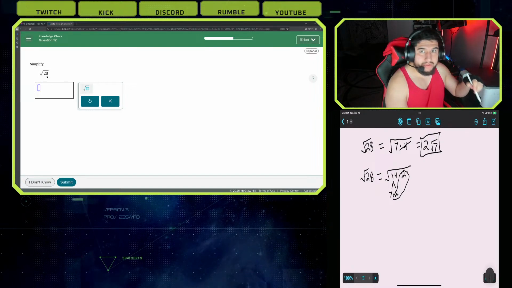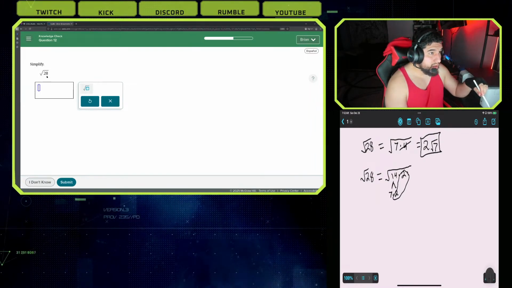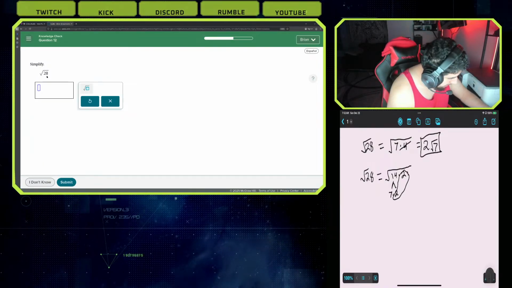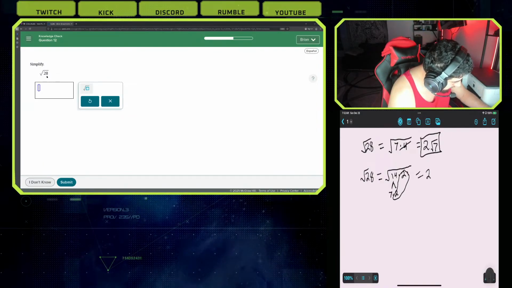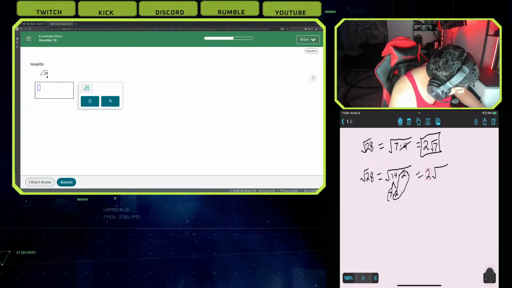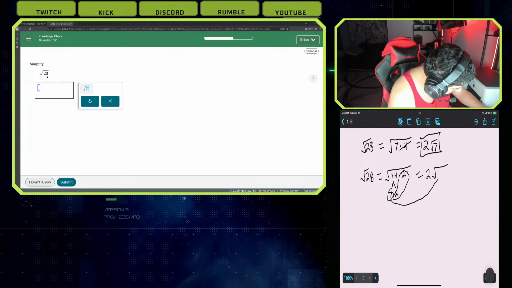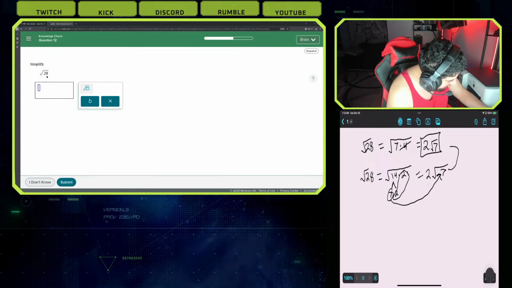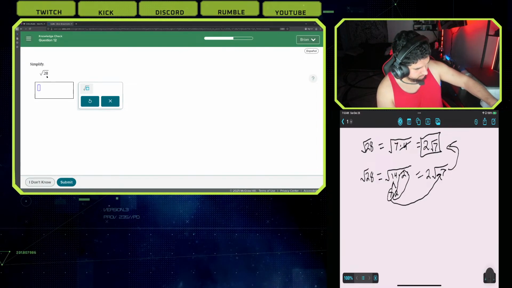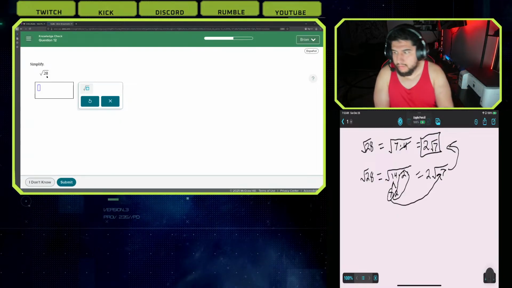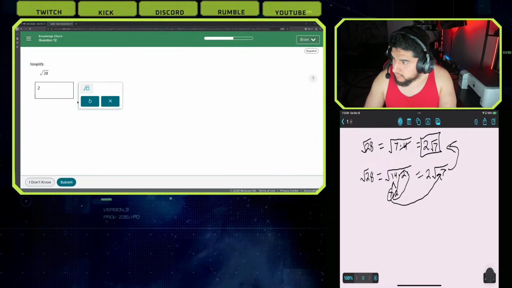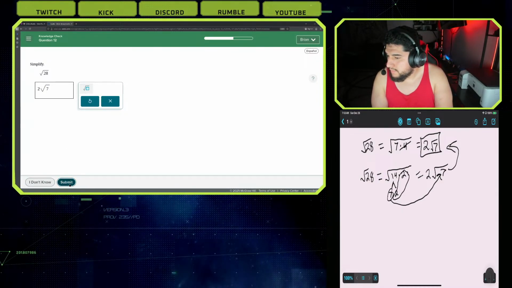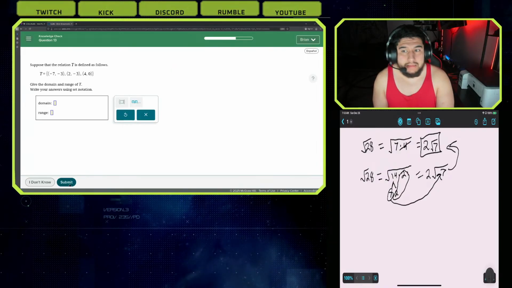You can remove a 2 because there are two 2's, so the 2 makes it out. And then what's left over? The 7. So we move the 7 over here. So the answer is again the same: 2 root 7. That's how you simplify it.